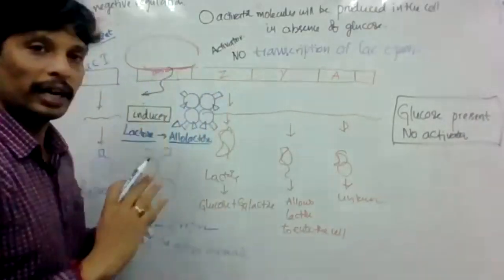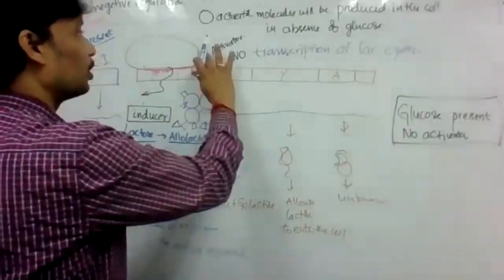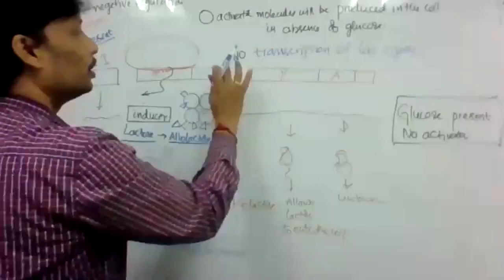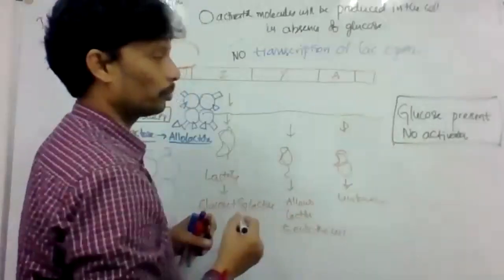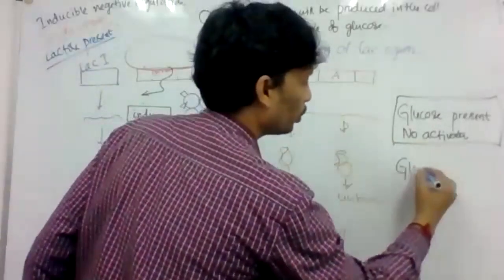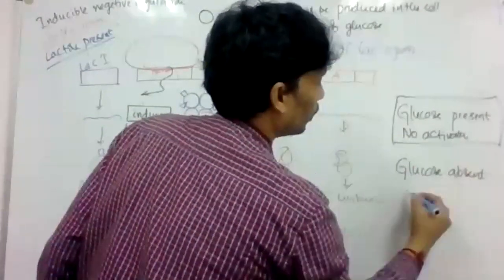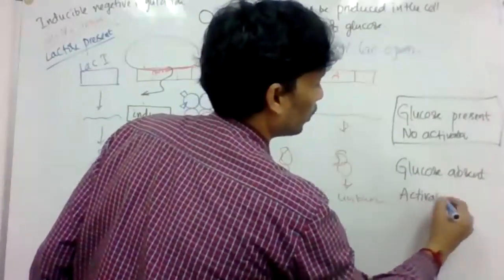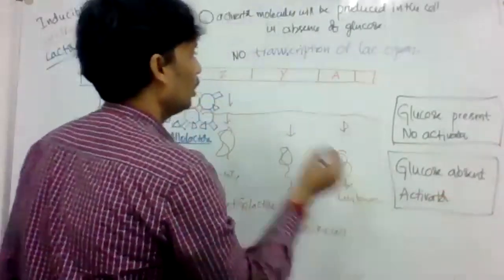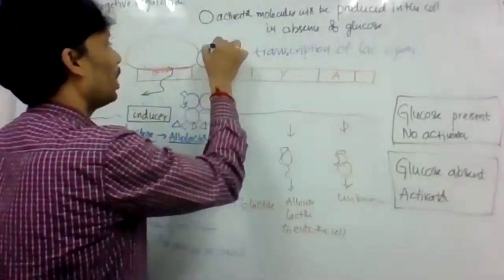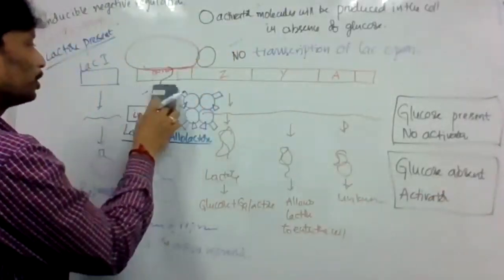Though the promoter is free, there is no activator molecule, so there will be no transcription of the operon in the presence of glucose. And when glucose is absent, the activator molecule will be synthesized, and the activator along with the RNA polymerase will bind to the promoter region strongly.